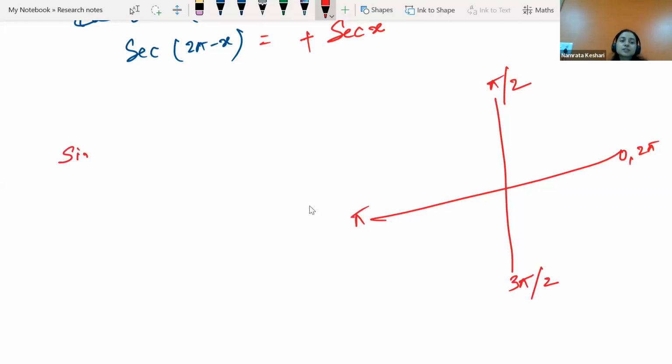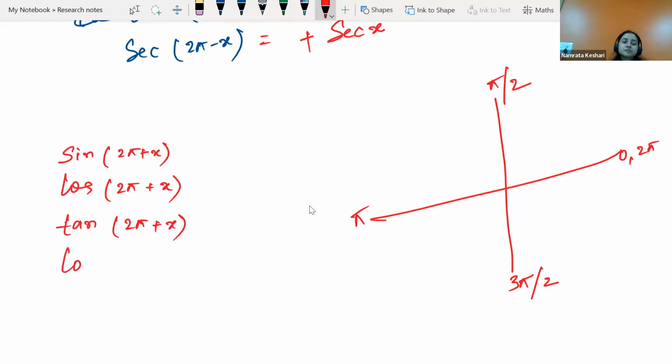Now 2 pi plus x. First, you tell me which quadrant we are talking about. 2 pi plus x means which quadrant? Ali and Alina, which quadrant?